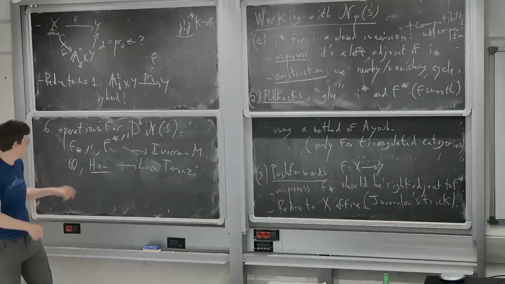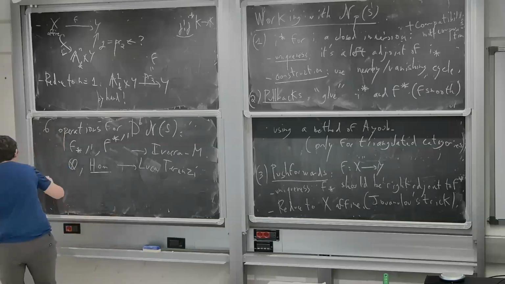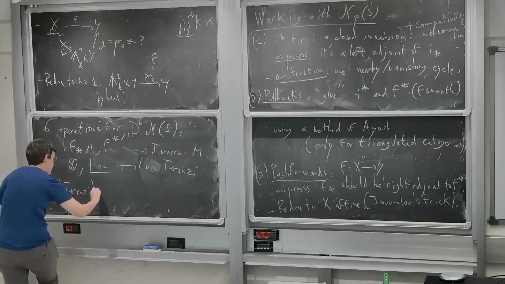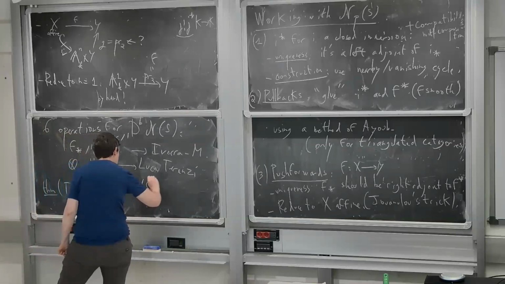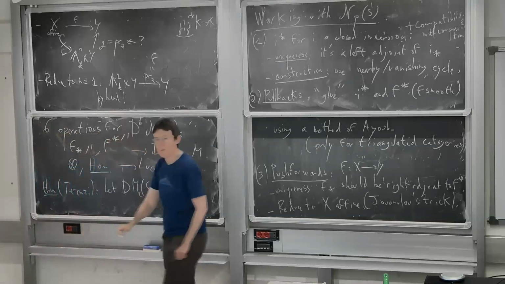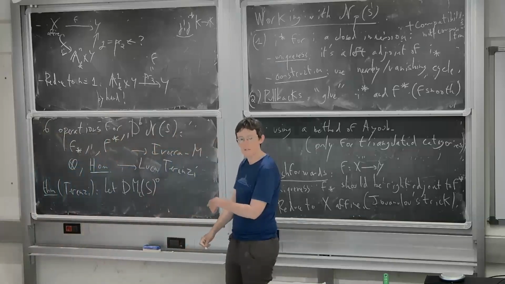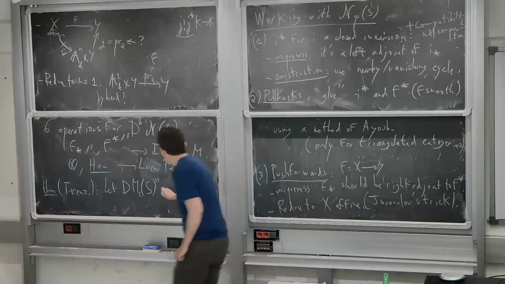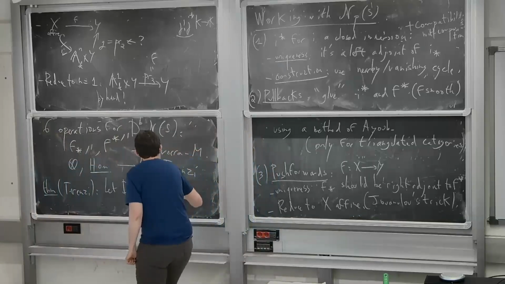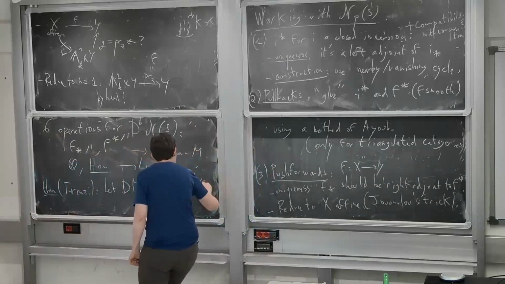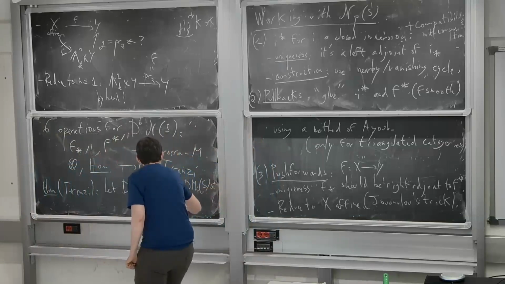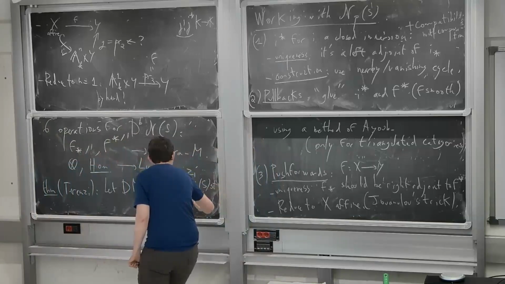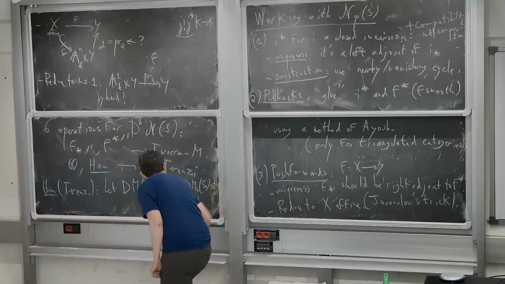So what he proves is, you look at this category. This subcategory is the category of Voevodsky motives such that the first cohomology is concentrated in degree 0.